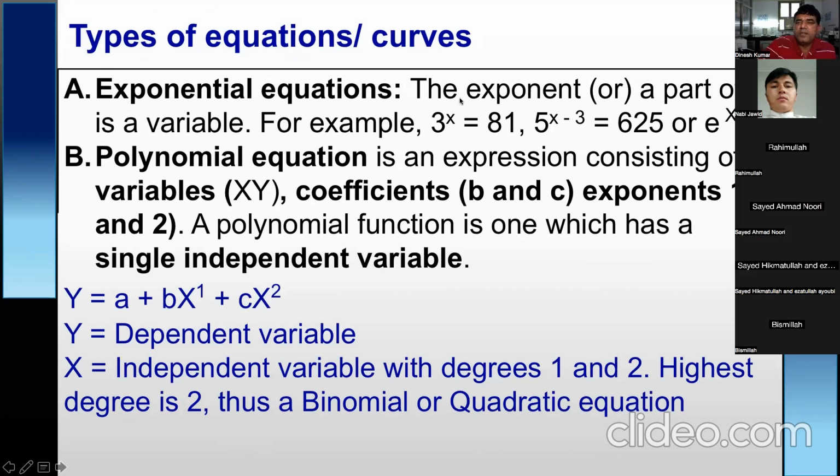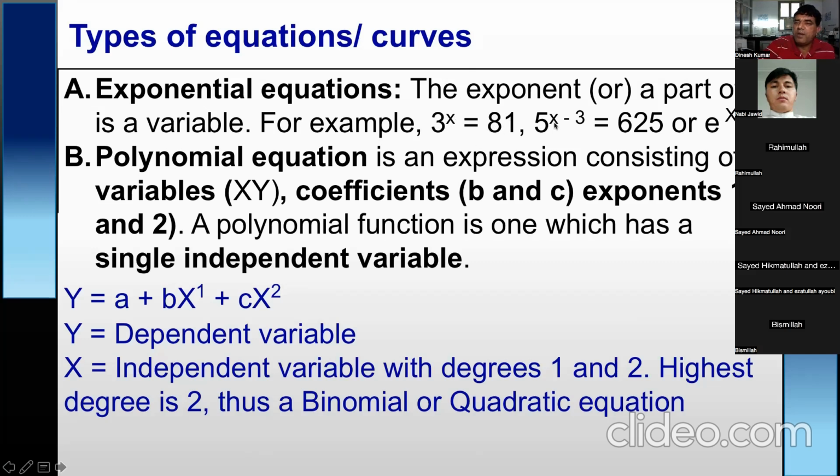Exponential equation means the exponent, the power, of the variable. The exponent or a part of it is a variable. For example, 3 power x. Here x is a variable, but it is in the power. Suppose 3 power x is equal to 81.